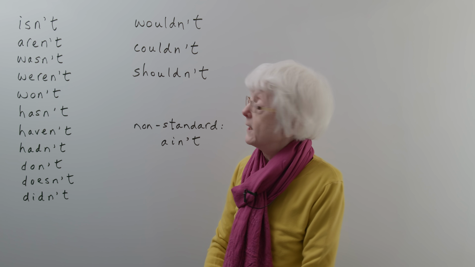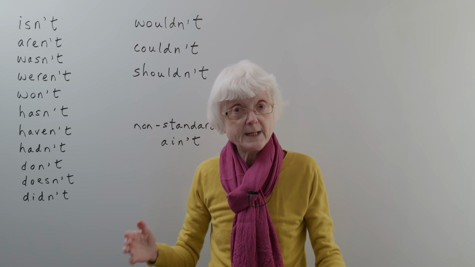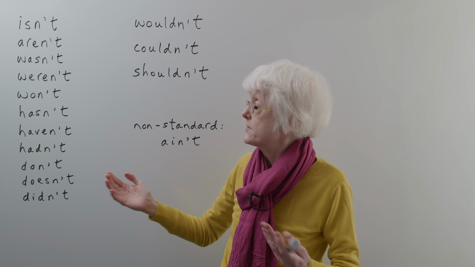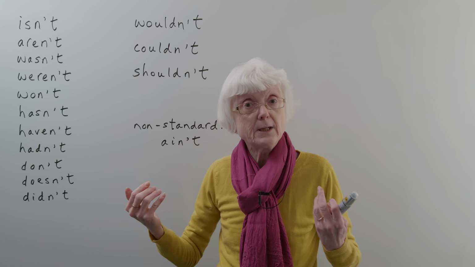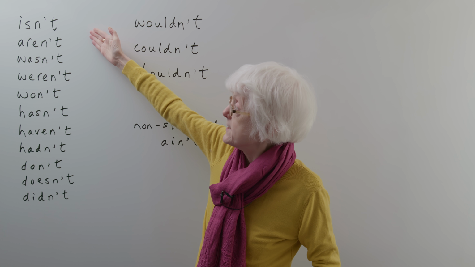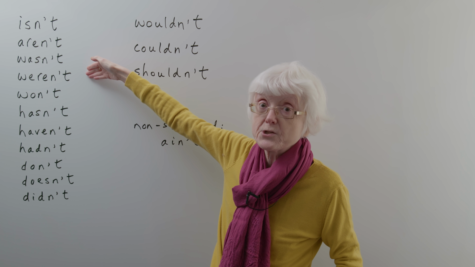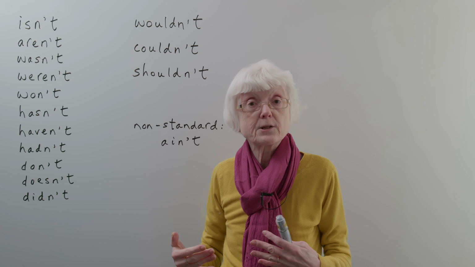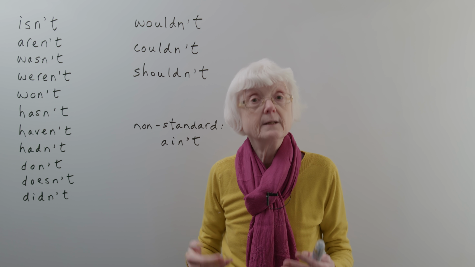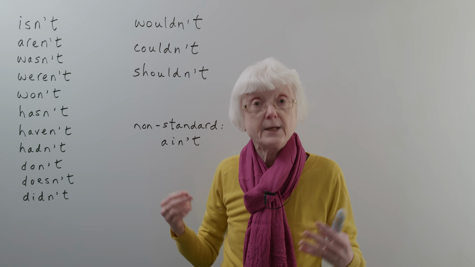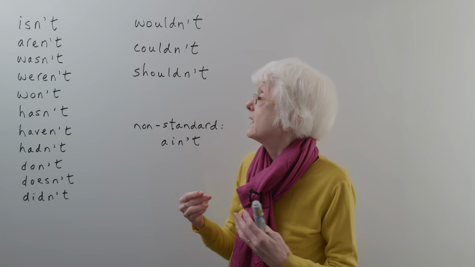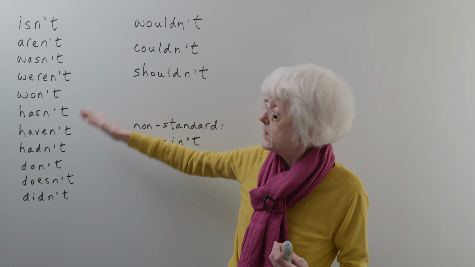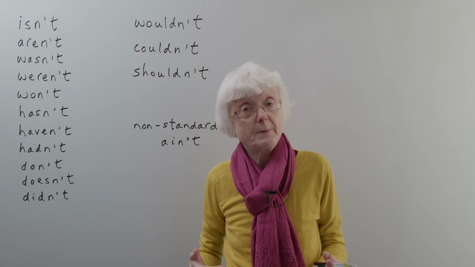Okay, so I've noticed some people, when they're reading from printed material and they see these contractions, they expand them and read it as is not, are not, was not. But you shouldn't do that if it's written as a contraction. There's a particular way to pronounce it in its contracted, abbreviated form, because these mostly represent how people speak.